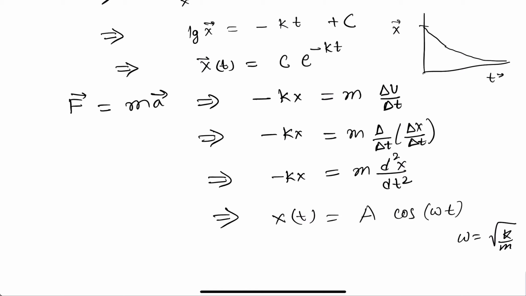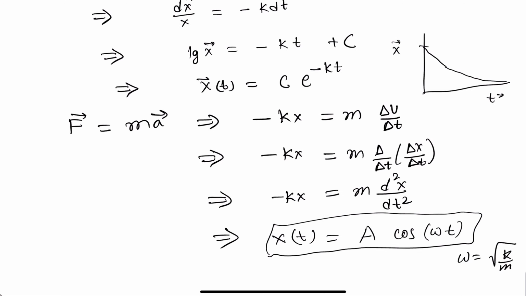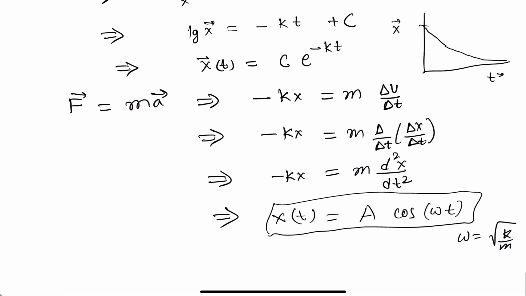Essentially, the solution in this case, if you have Newton's law, predicts that x of t would change sinusoidally. It won't be an exponential decay as predicted by Aristotle's law, but it will be a sinusoidal motion about some equilibrium position.